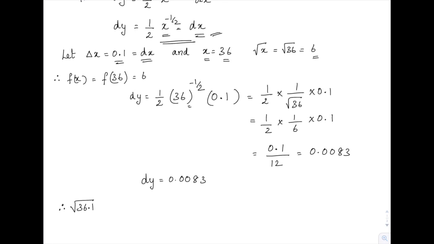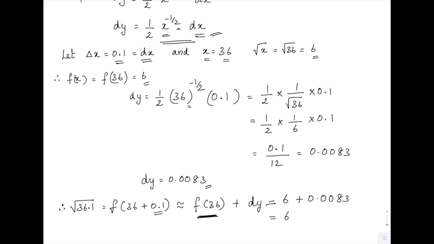Square root of 36.1 is equal to f of 36 plus 0.1, and what we know is f of 36, we know it already, which is 6 here, plus dy, because this is a small change. dy we have found. f of 36 is 6 plus 0.0083, which is equal to 6.0083. This is the answer for this problem.